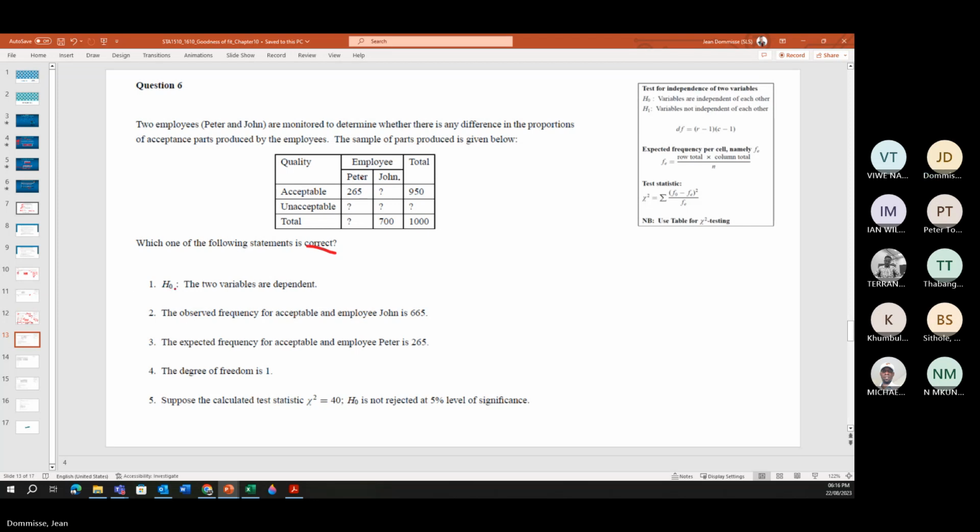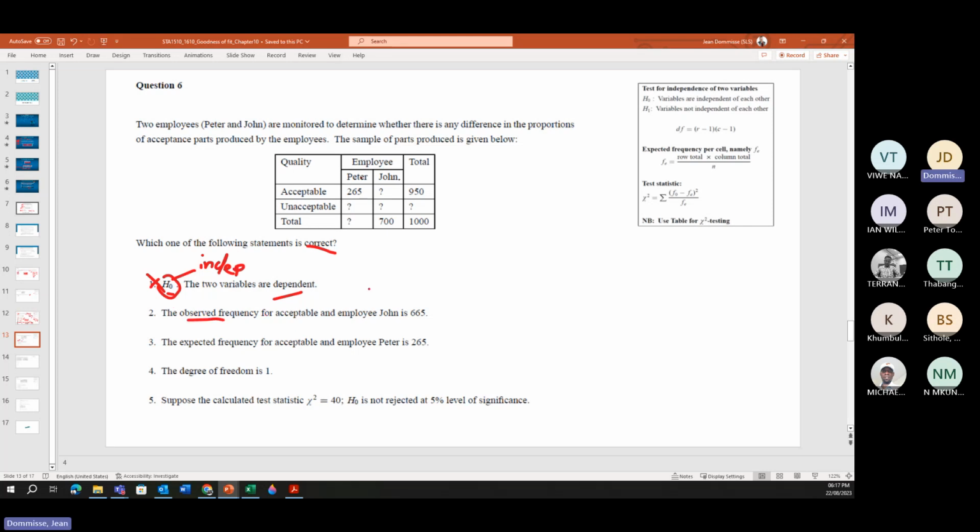The first one says the null hypothesis is that the two variables are dependent. We know that's incorrect. For a null hypothesis, it's always independent. So the first one is incorrect because the null hypothesis always refers to independence. So this needs to be independent.